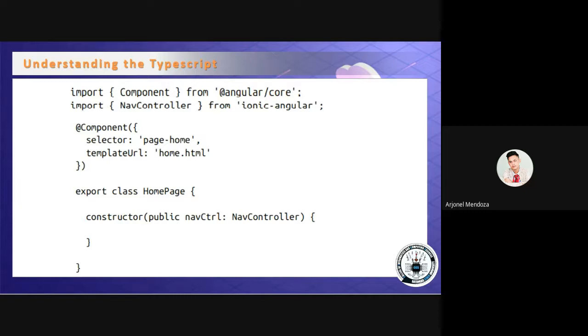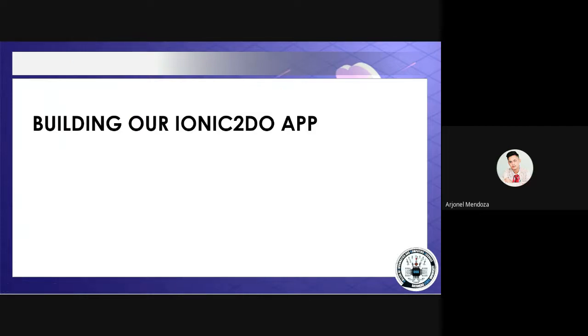So let's move on to building our first actual Ionic applications. Second subtopic is building our Ionic to-do app. So we are finally ready to start creating our first Ionic applications. As not to break with the traditions, we're going to build the classic to-do list management application. You might wonder why it would be something that has been built so many times before.